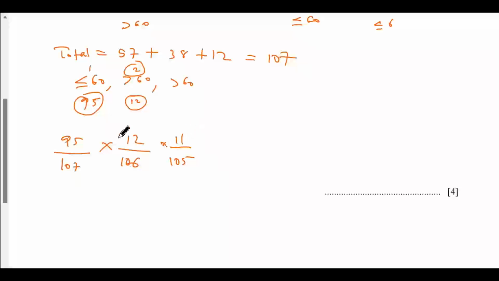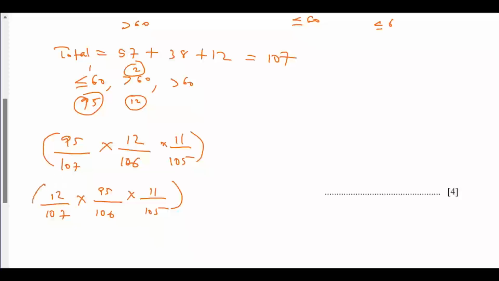So this is the first possibility. The second possibility will be that you choose this first, so you have 12 over 107, times, then you select from less than or equal to 60 next: 95 over 106, the total is now 106, then times 11 over 105, where you select from this one. So this is the second possibility.